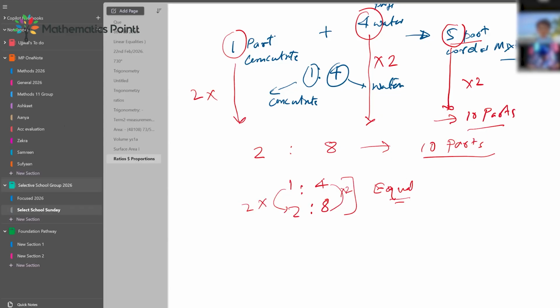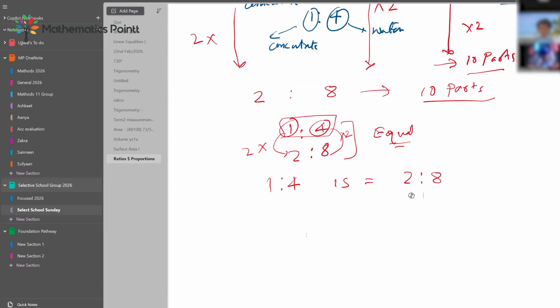I found that I'm multiplying my original ratio by the same number, both the sides, to generate a new ratio. So they are the same. So 1:4 is equal to 2:8. So this is the concept of equivalent ratios.